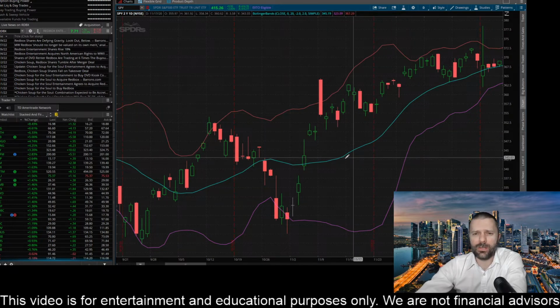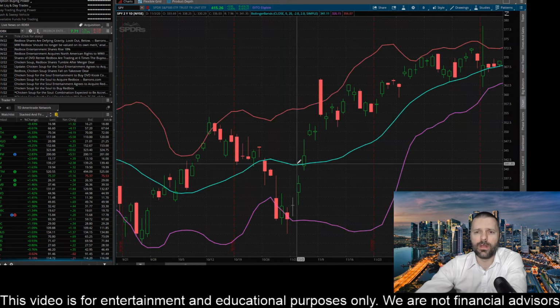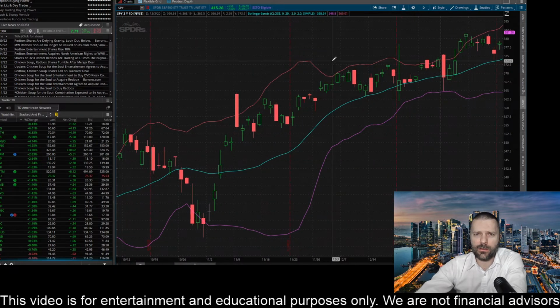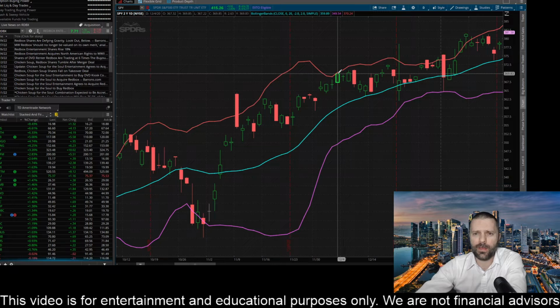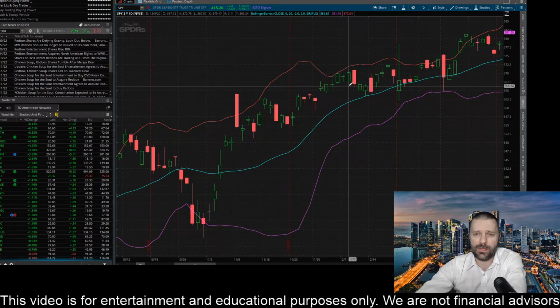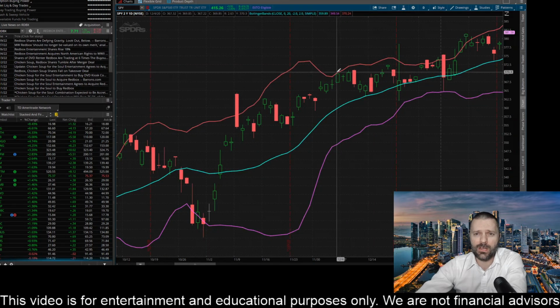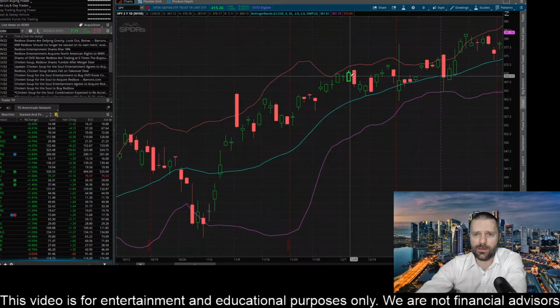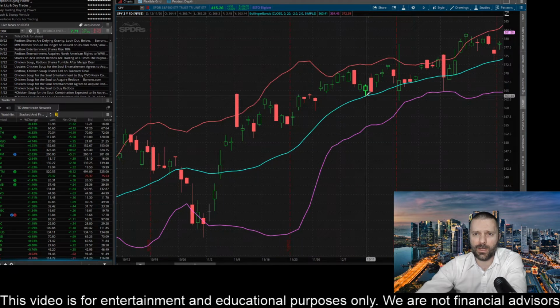Another thing you can do is use this moving average here in the middle. Sometimes it will reject that nicely. Here's a good example of it. You have this candle here touching and actually closing right at that 2 standard deviations above this 20-day moving average. So you could have gone short there, and then the thing started to pull back, started to die off, and when it actually touched this moving average in the middle, this light blue line, if you started to see rejection, you could get out.